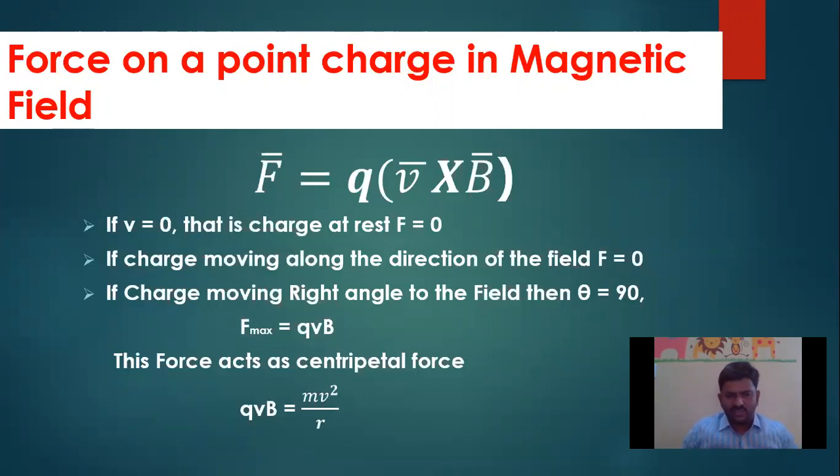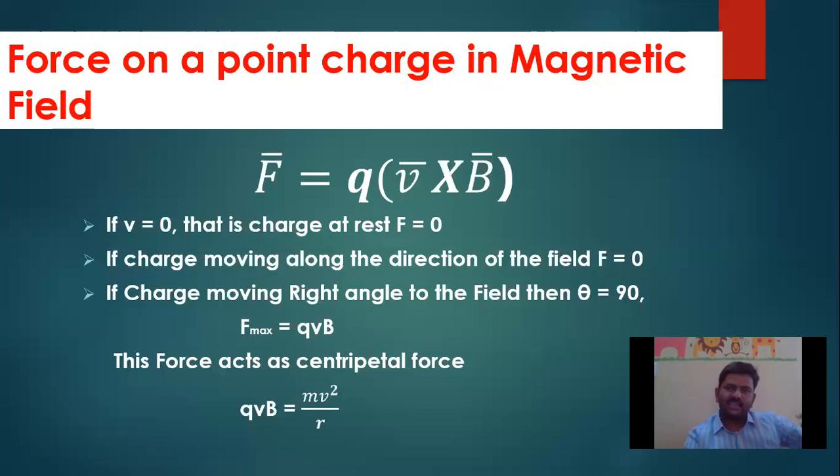And if it comes at a right angle to the field, then sine 90 is the maximum value, that is 1. So F maximum is equal to QVB sine 90, which gives QVB. This force acts as the centripetal force. That is why it is doing circular rotation.